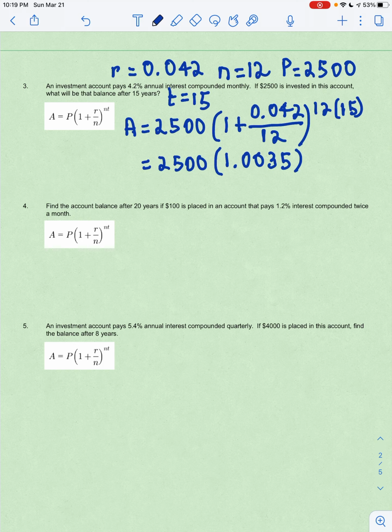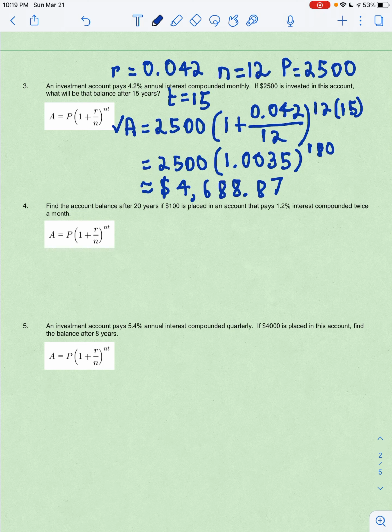That all becomes 1.035, and the 12 times 15 for the power is 180. And so now it makes it a little easier to input it into your calculator, and that's really up to you. The setup is absolutely required, that line. So then when we calculate this, we get $4,688, and we round to the nearest cent or hundredth, so that's 87 cents.